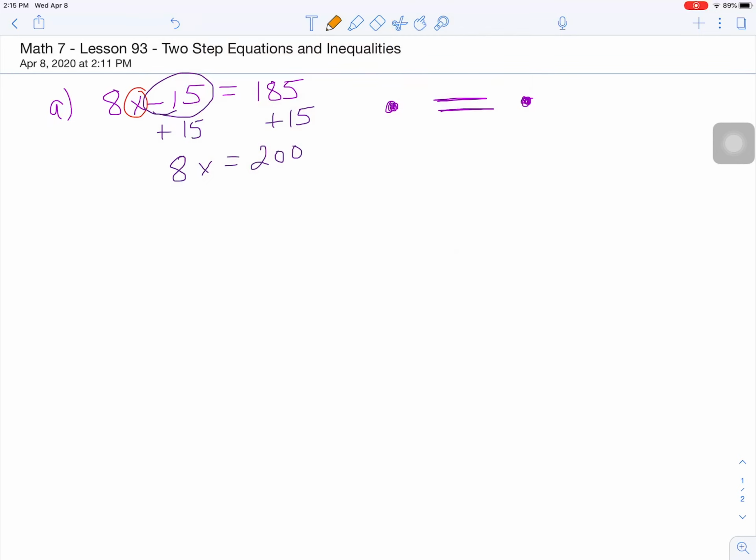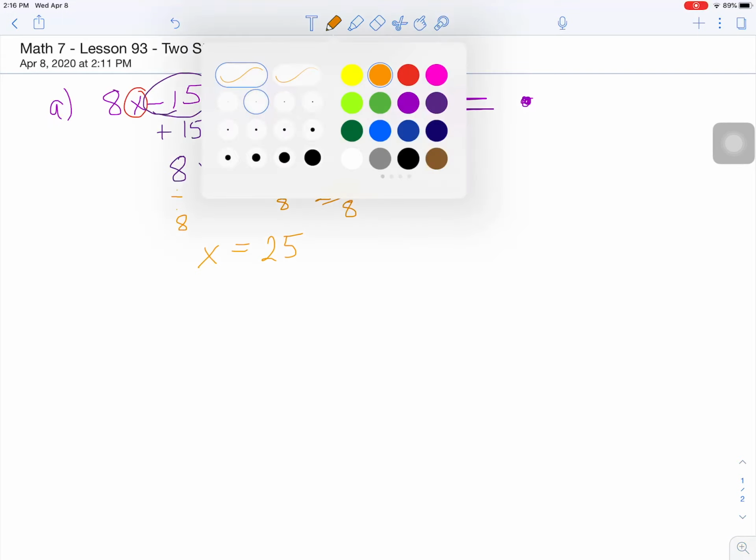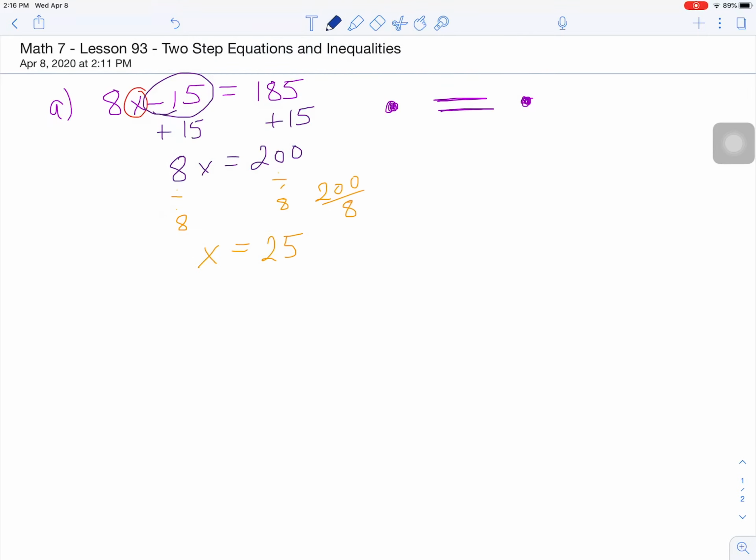So now our next step is to divide 8 off of this side and divide 8 off of this side. So what we wind up getting is x equals 200 divided by 8, which is 25. So you can see that we have figured out that x equals 25.